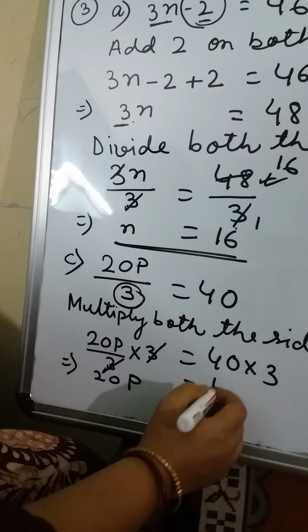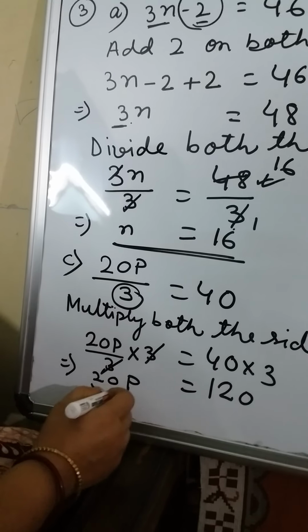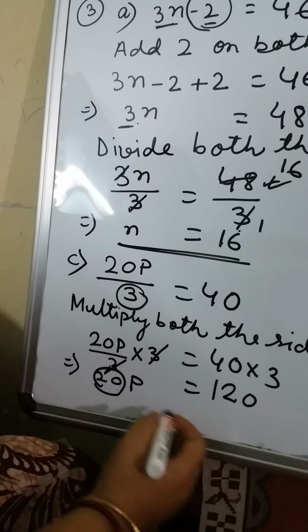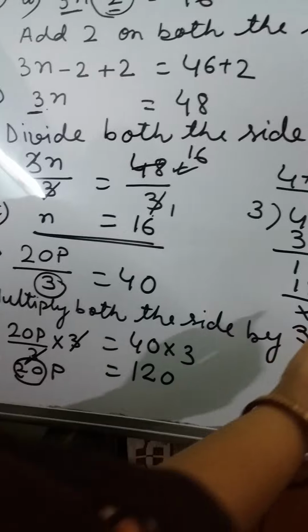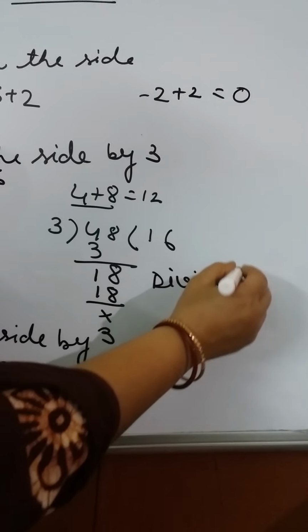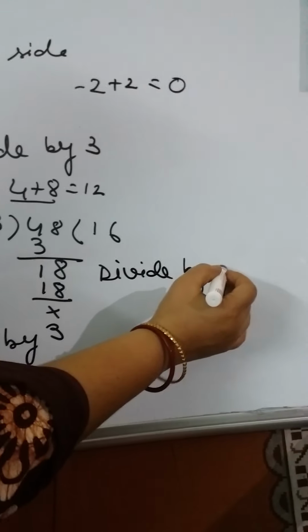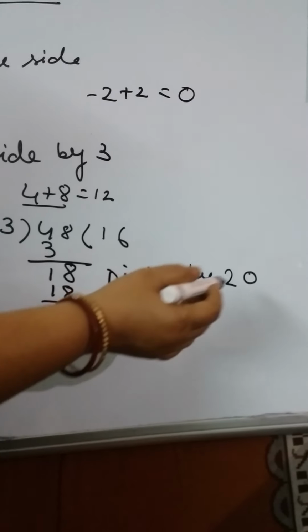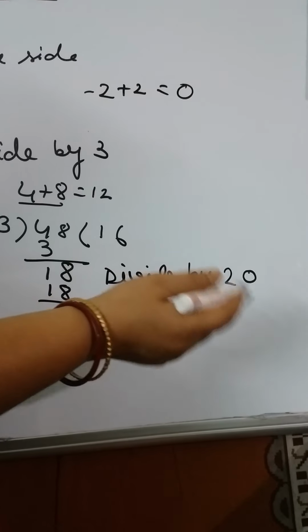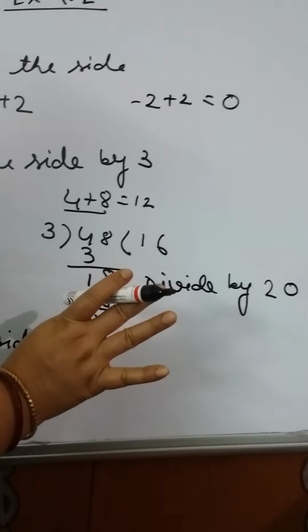20p equals 120. Now I have to remove this 20. Now it is multiplication, so you have to divide both the sides by 20. I am not writing it, but it is divide both the sides by 20; in short I am writing.